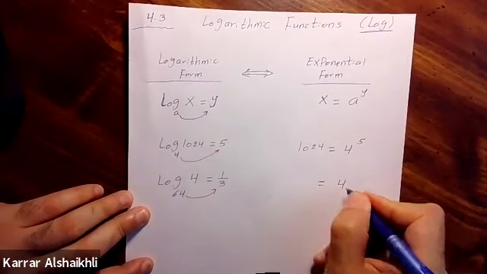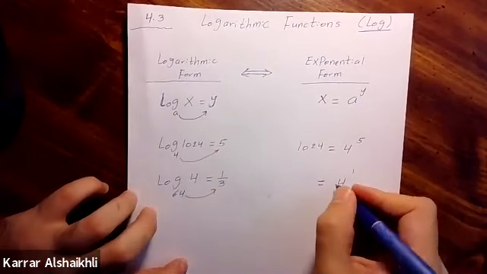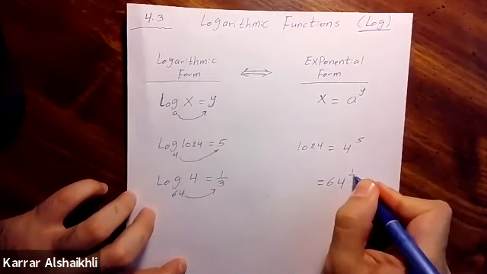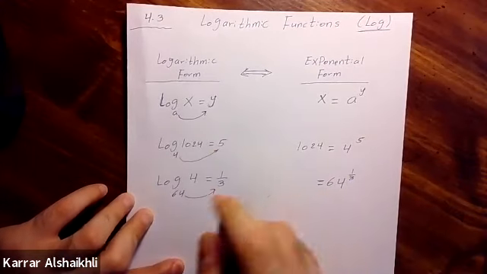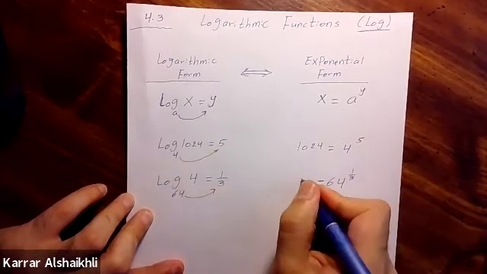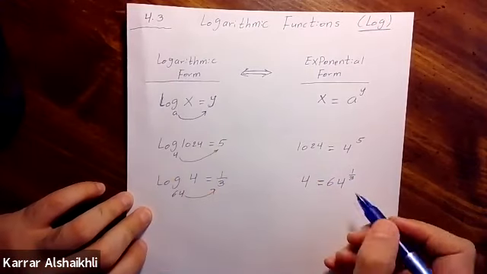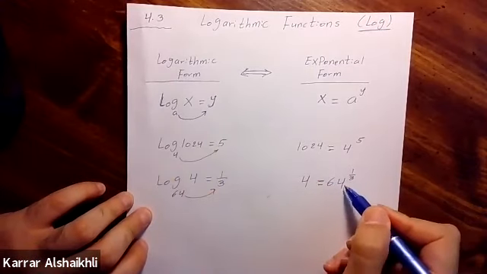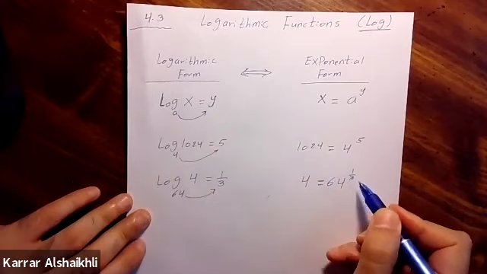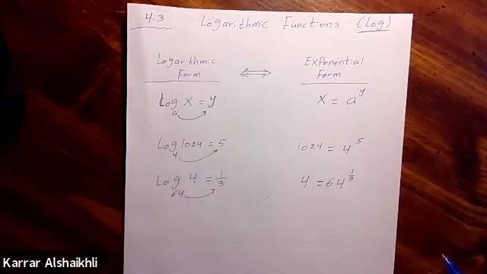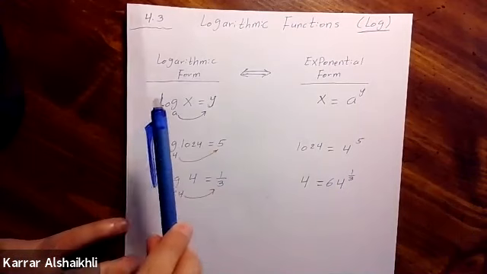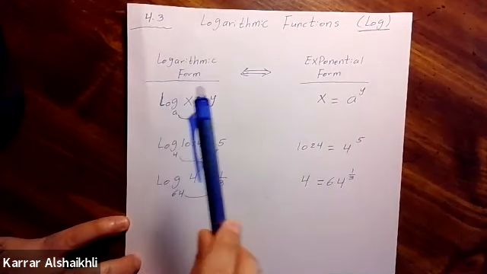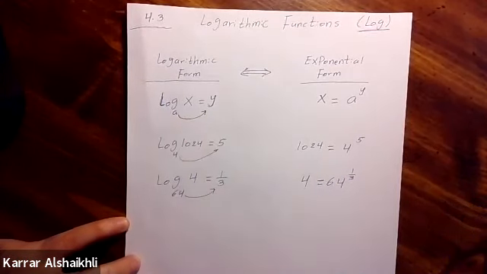It's going to be 64 to the power 1/3, and the leftover from the left side is just 4. If you plug it into the calculator, 64 to the exponent 1/3 is going to be 4. So that's how we convert from the log form to the exponential form.